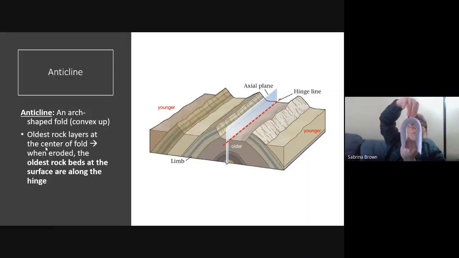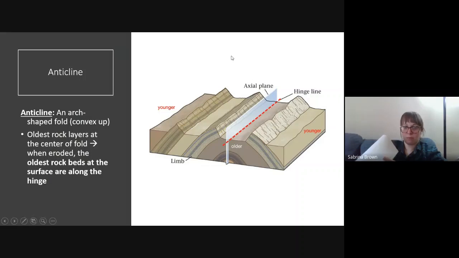So with an anticline, St. Louis Arch, because oldest rocks are on the bottom, youngest rocks are at the top, when we fold them in half in an anticline convex up shape, we get the oldest rocks on the inside and the youngest rocks on the outside of our arch. When this erodes away at the top, which this picture shows better than my thin little layers, what we see is that along our hinge, right?